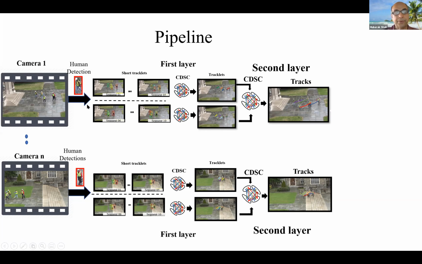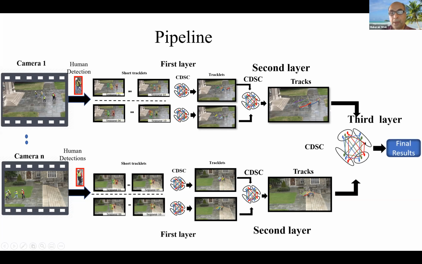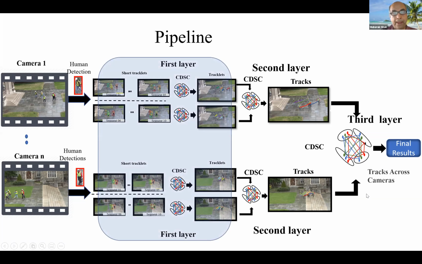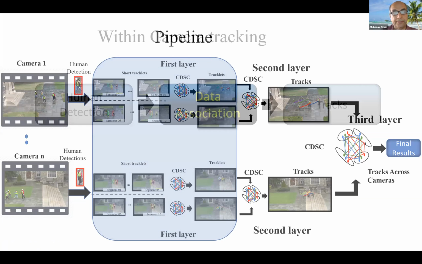This is done separately in each camera. Then the third layer takes the tracks from different cameras, does the association, and gives the final results.